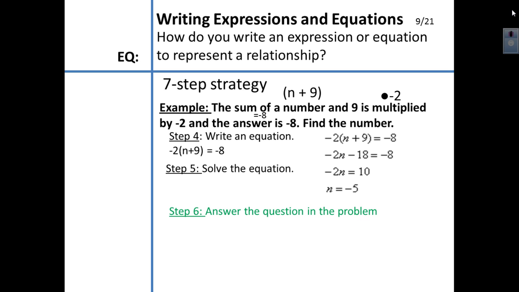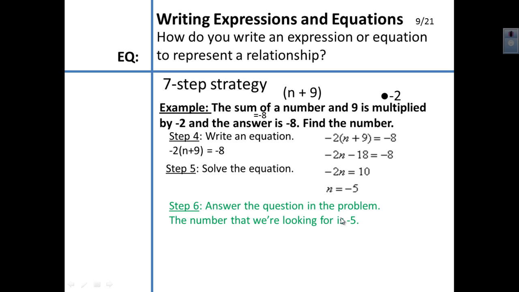Again, in order to do this, you need to go back to step 1. And even though it doesn't show here, you can look at your notes and see that we are looking for a number. So the solution to our equation represents the number that we are looking for. So here we answer our question. The number that we're looking for is -5.